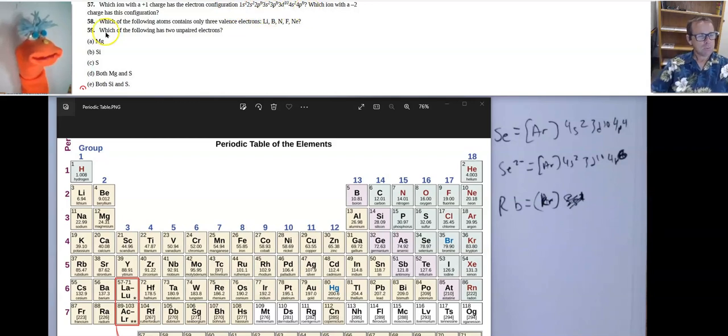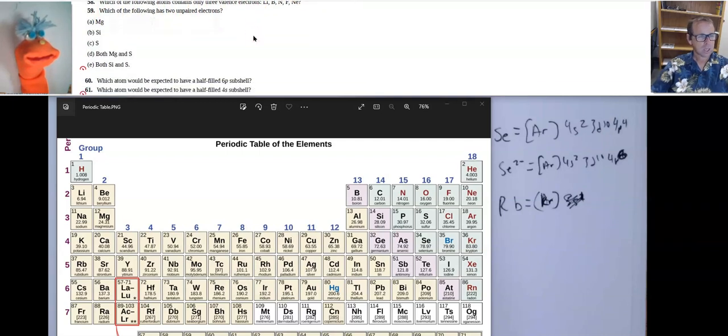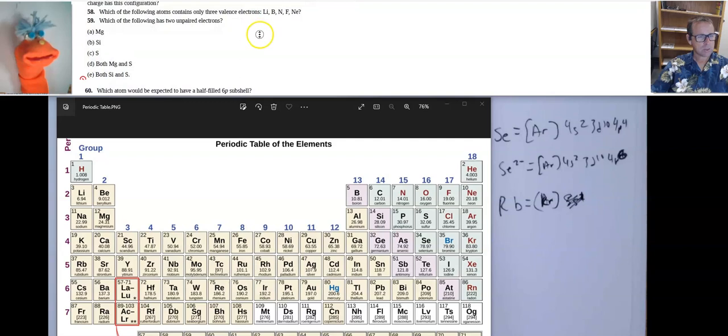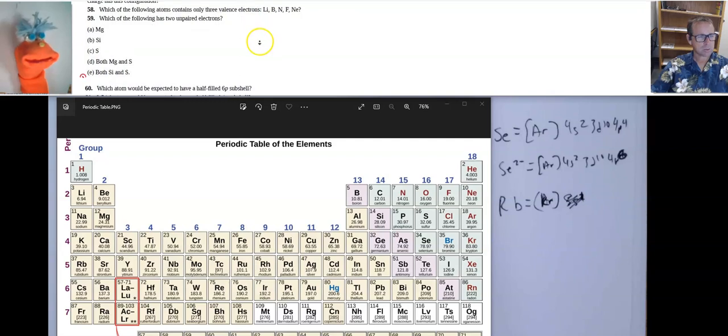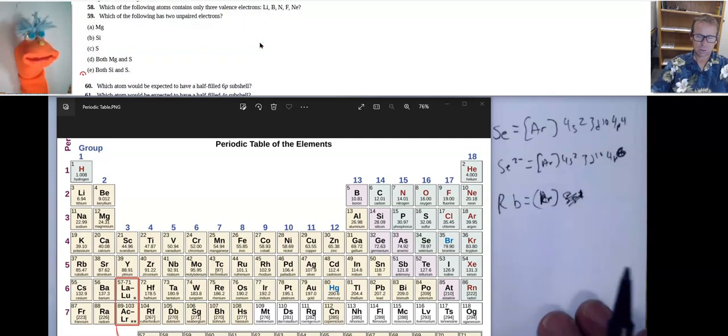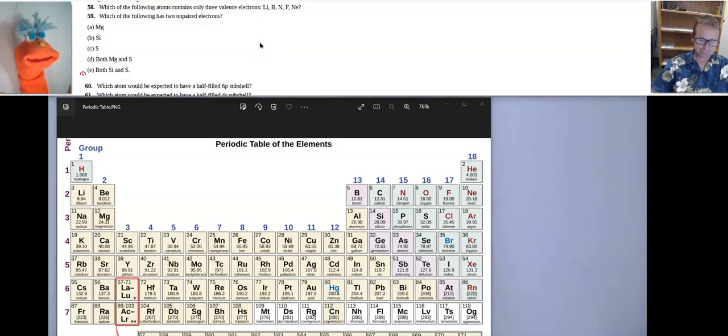Okay, which of the following atoms contains only 3 valence electrons? Valence electrons. Okay, so there's a couple ways to do valence electrons. A lot of people learn in high school about valence electrons relatively early on. A really easy way to do it is just to count these columns of the representative elements.